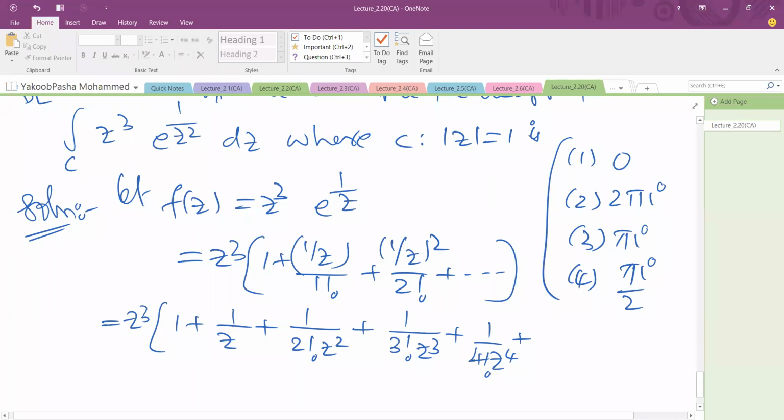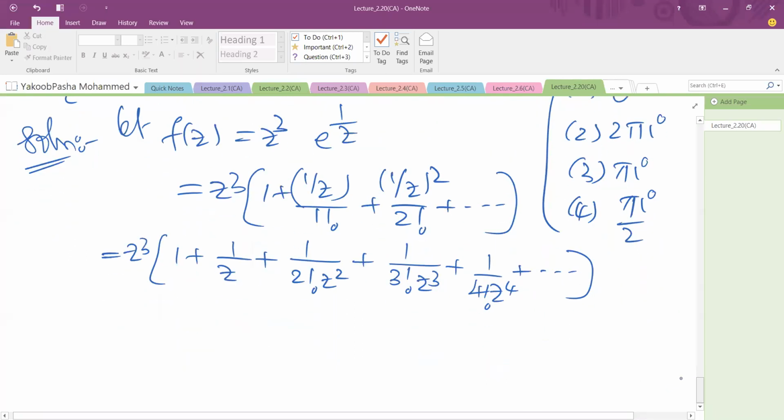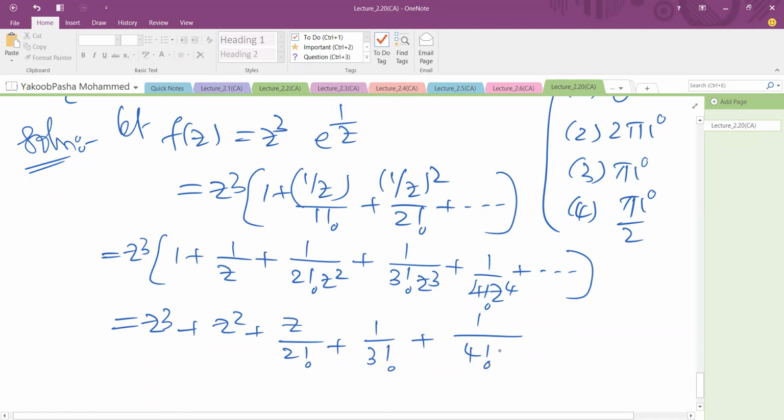So multiply with the z cube. When we multiply with the z cube, we get z cube as the first term, z as the second term, then 1 by 2 factorial z, plus 1 by 3 factorial and so on.